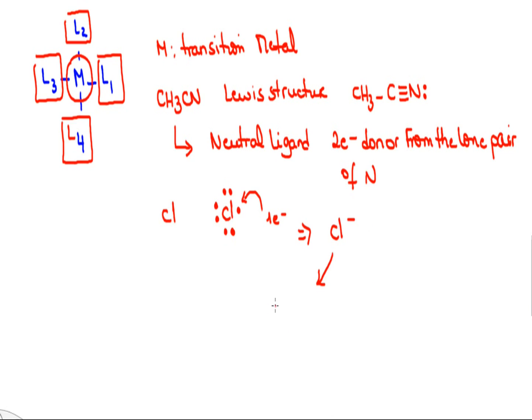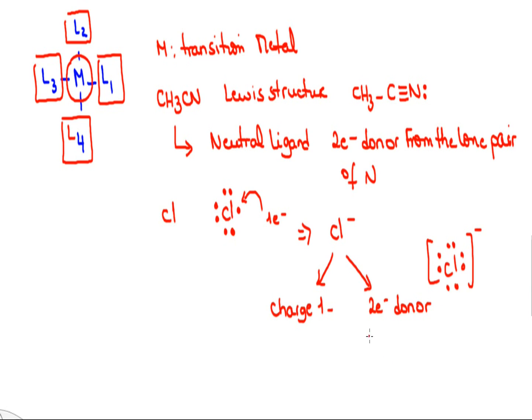The charge is 1 minus, and Cl minus is a 2 electron donor. We can write the structure this way. So it's a 2 electron donor by 1 lone pair.